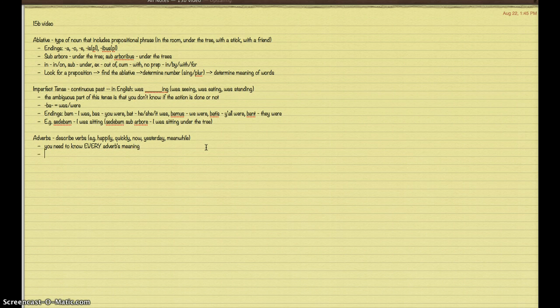Okay, so let's give you some more examples, including the Latin. So laete. Laete is happily. But celeriter is quickly. Heri is yesterday.